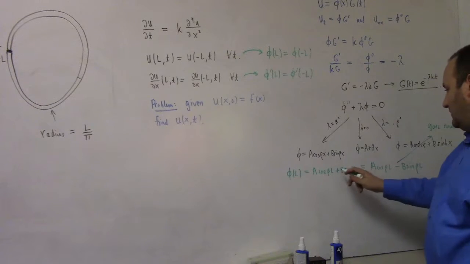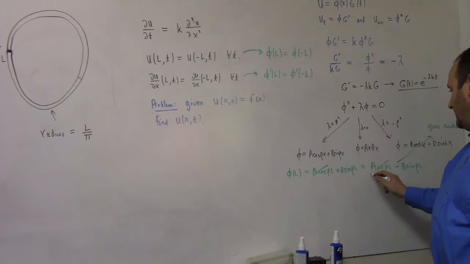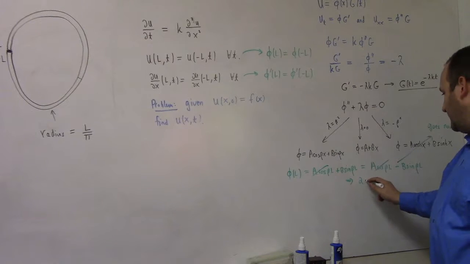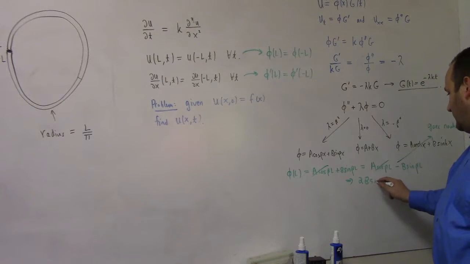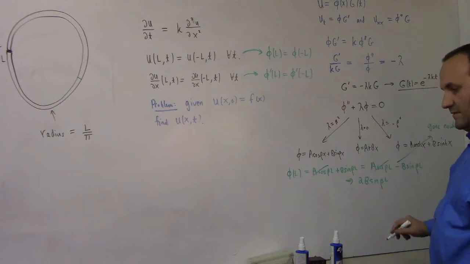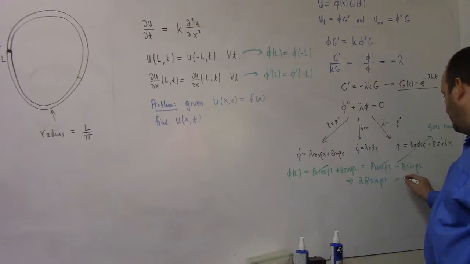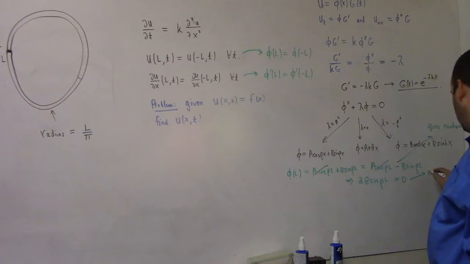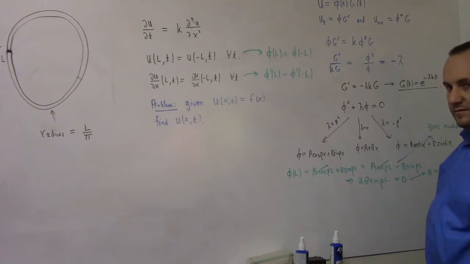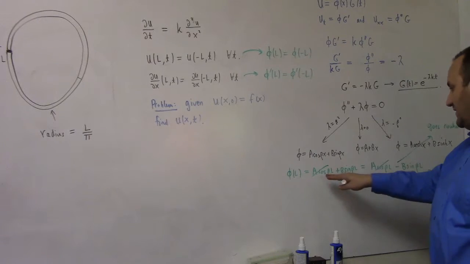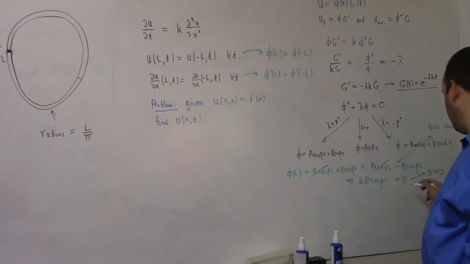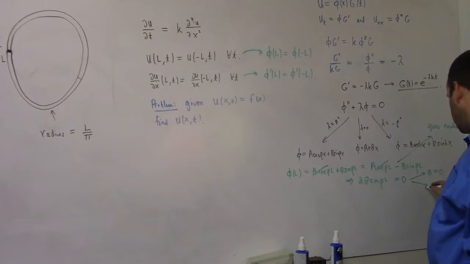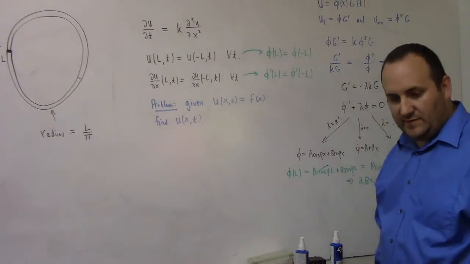So these cancel, but this implies that 2 times b sine beta L equals 0, which implies either that b is equal to 0, which would be fine because we still have a, or that beta L is equal to n pi for some integer.